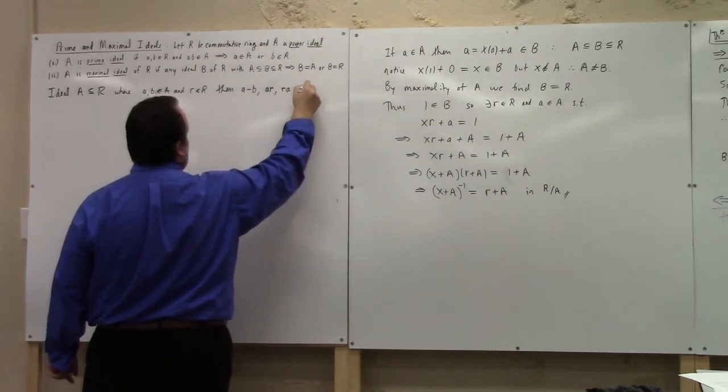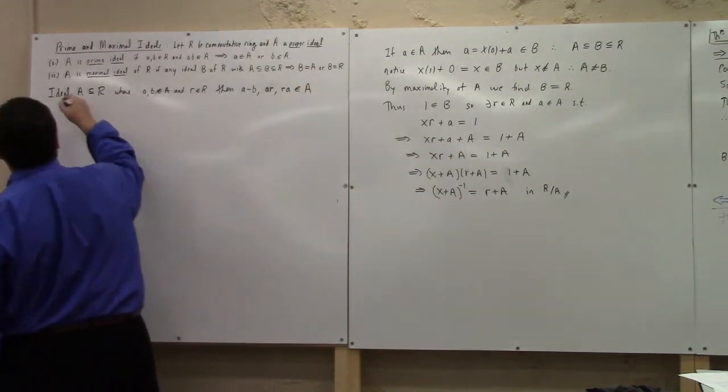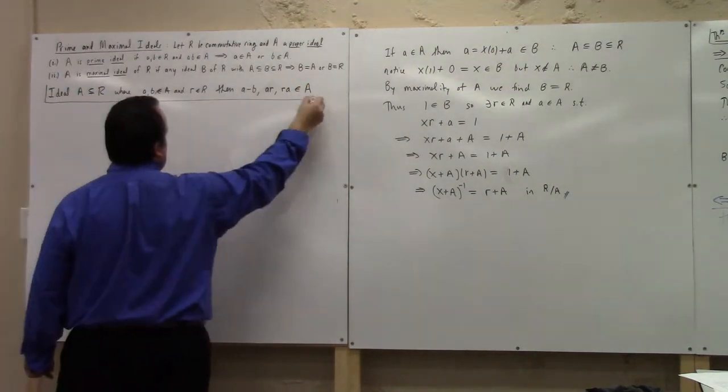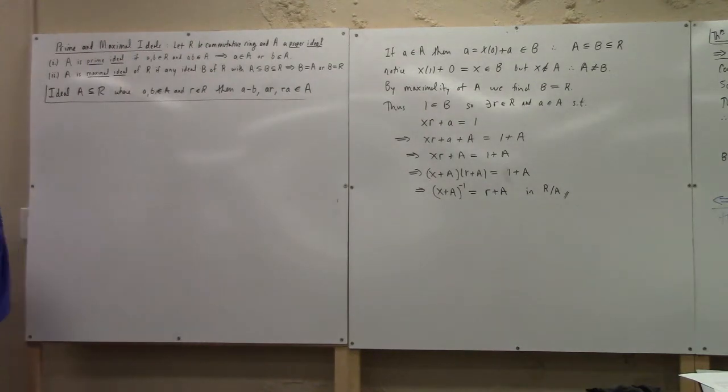This is the ideal test, which in some sense you could think of as the definition. It is a subset of the ring, which is closed, which is a sub-rng, which means it's got 0 in it, it's closed under subtraction.